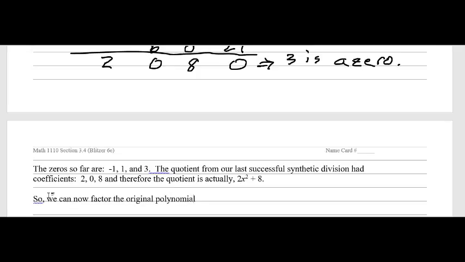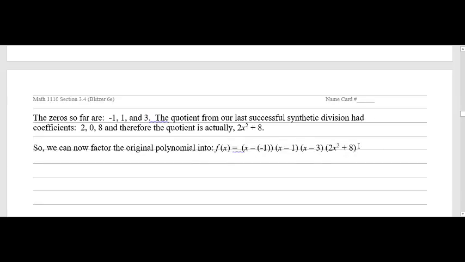So we can now factor the original polynomial into f of x equals x minus negative 1 times x minus 1 times x minus 3 times this quotient, 2x squared plus 8. I didn't mean to have that 2 there yet. We are going to get a 2 there, but not yet. All right, so that's our original polynomial in a semi-factored form.